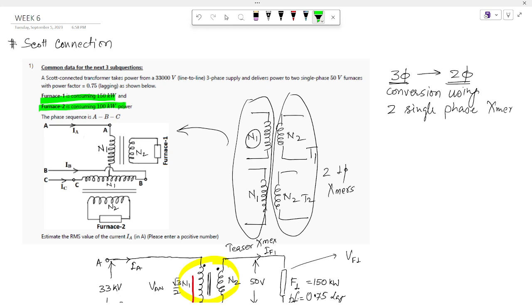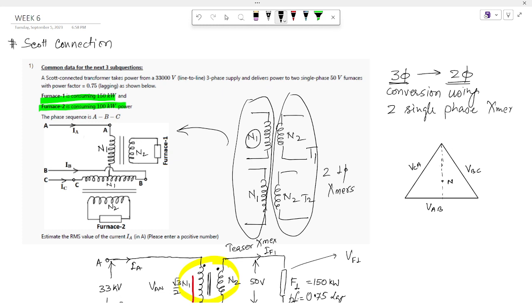We know that in a triangle, if these are VAB, VBC and VCA, then the median, let this be point n, divides in the ratio 2:1.